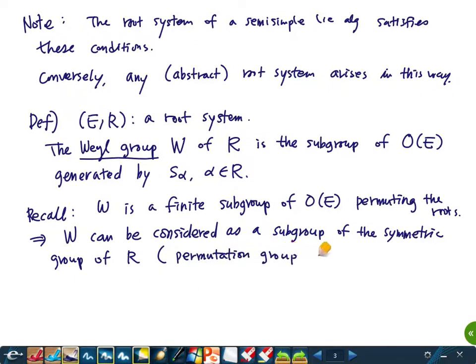The same thing. So if there are n elements in the root system, then in the permutation group there are n factorial permutations, right? So W is a subgroup of that. It may contain all of them, but usually not.